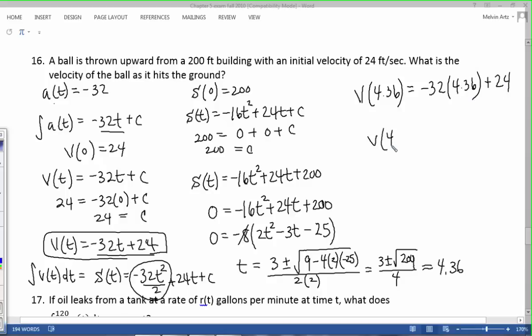So v of 4.36 would be the velocity of the ball at the instant it hit the ground. So this gives us a negative 115.52, and our units would be feet per second. So it's traveling at 115 feet per second.